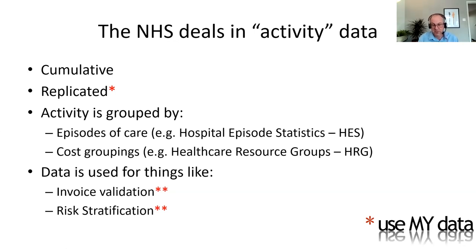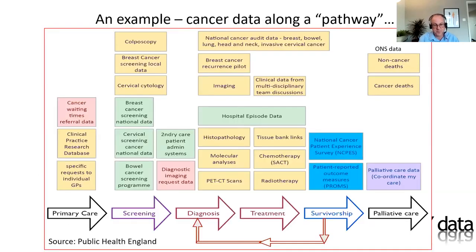But it generally tries to build episodes or groups of care from all those bits of data it generates about us through our different parts of our care pathway, all of which can come from different systems and different coding groups and different organizations. This is an example of a cancer pathway. Along the bottom, you've got a fairly typical route: primary care, you get perhaps referred through for a screening episode.